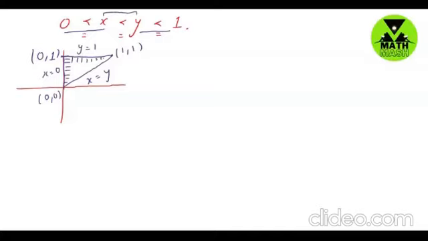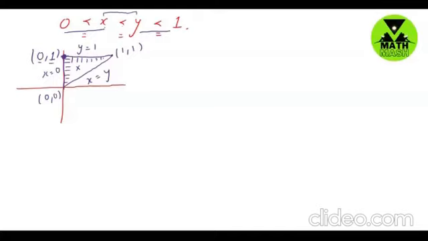How are you going to find out? Here we have either the region above the line x is equal to y, or the region below this line. Simply pick a point from either of these two regions. Suppose I am taking this point (0, 1), where x is 0 and y is 1, and just substitute it to see whether it satisfies x is less than y.